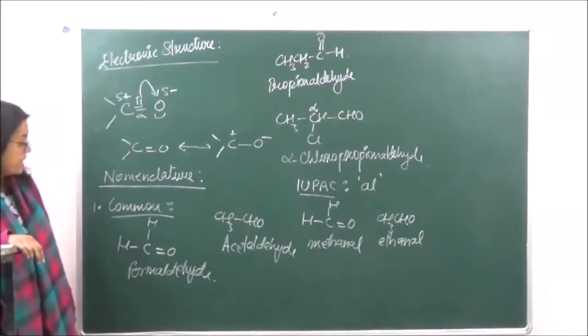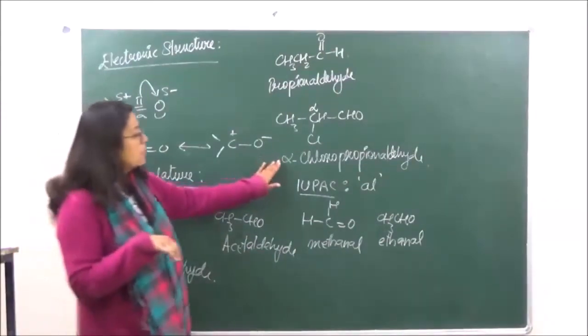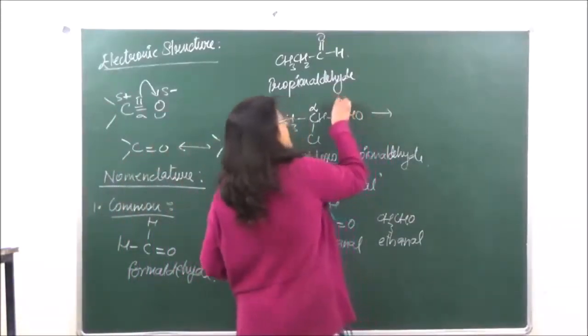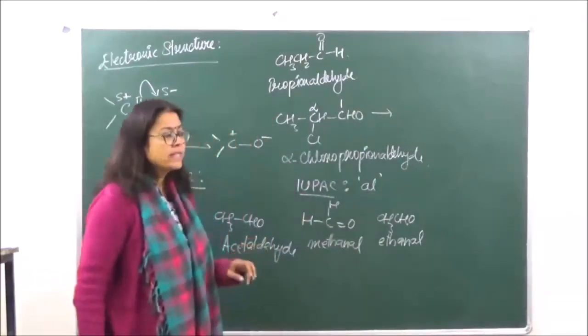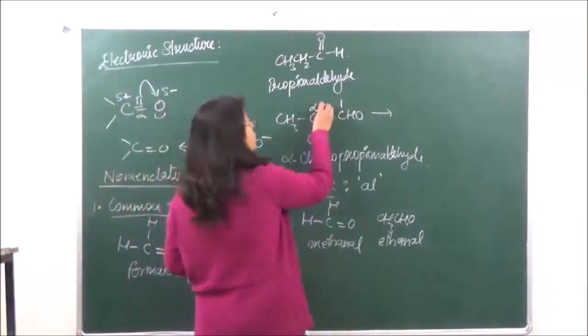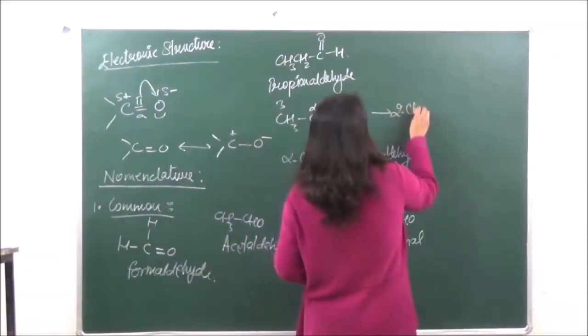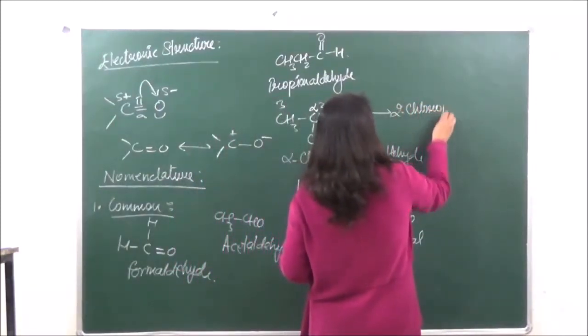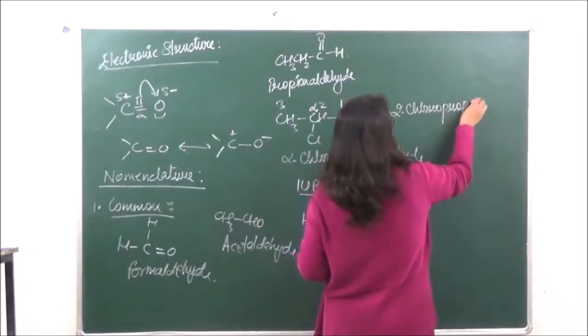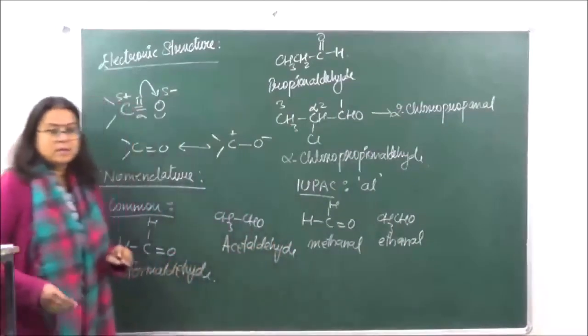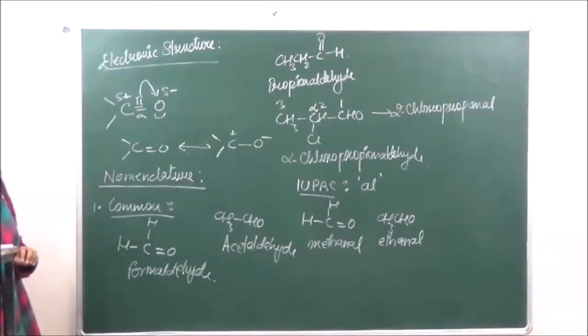And if we want to name this compound over here according to the IUPAC nomenclature, this is the terminal functional group. It will always get number 1, then 2 and 3. So this is going to be 2-chloropropanal. So this is how the IUPAC nomenclature is done.